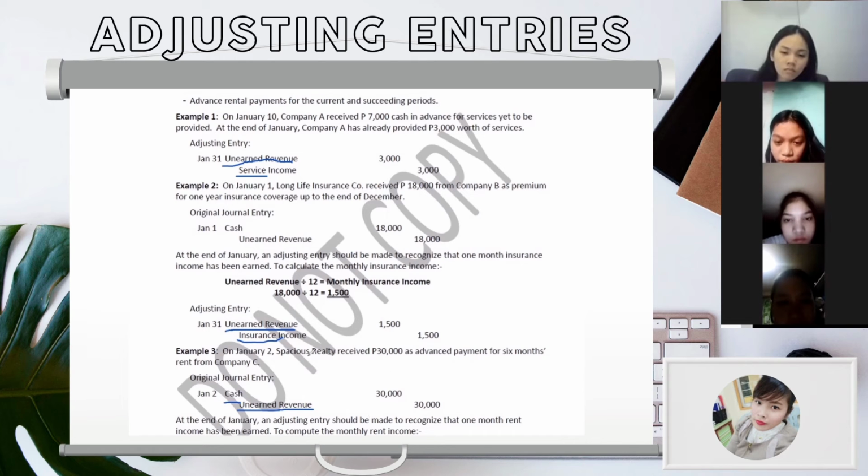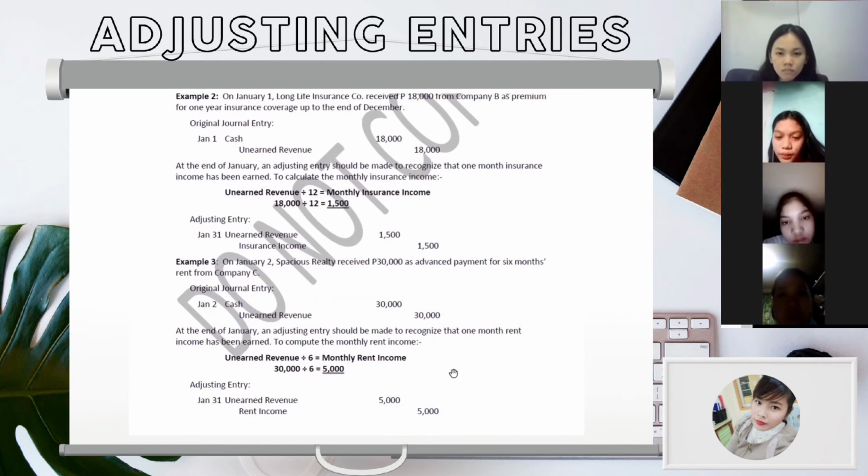So, ang tanong ko, kung 30,000 siya for 6 months, magkano ang renta in a month? 5K. 5,000. Okay? 5,000. Kaya, kung titignan nyo dito, right? Unearned revenue, 30,000 divided by 6, you have 5,000. So, unearned revenue, rent income.